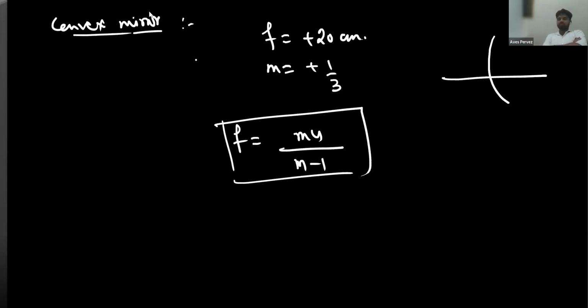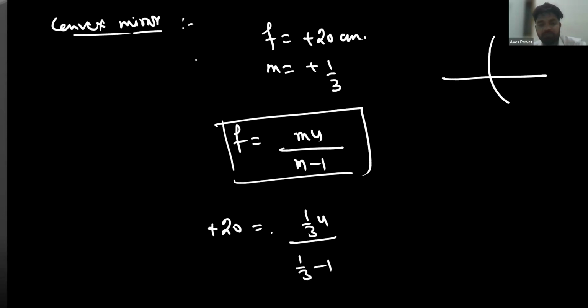Sir, u is minus 40. Let's check. If we consider plus 20 is equal to 1/3 u upon 1/3 minus 1.